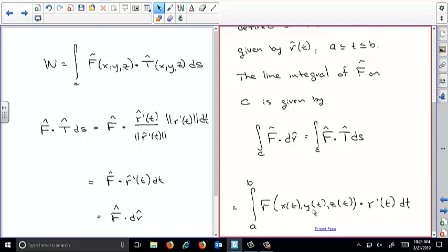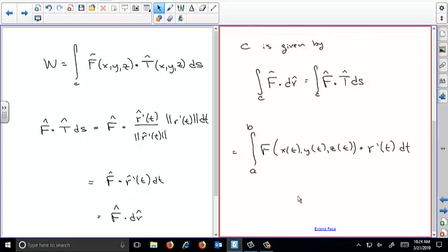But this is the more useful form. It's going to be the force vector, which we're going to parameterize just like we did with the f of x, y when we integrated in a scalar field, dotted with the derivative of the position vector times dt.